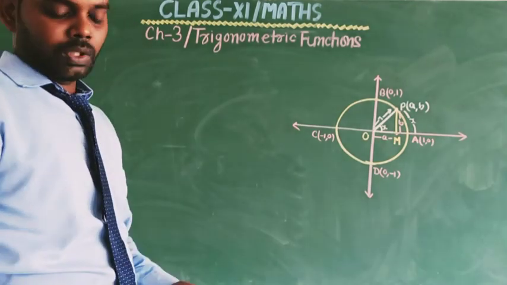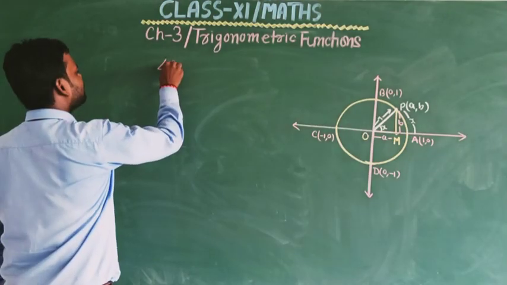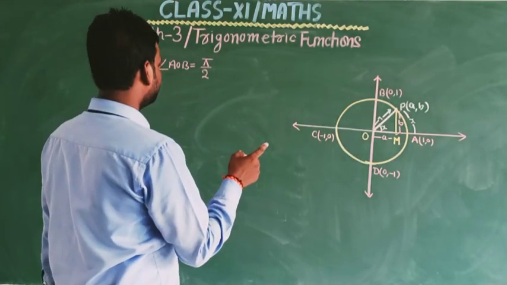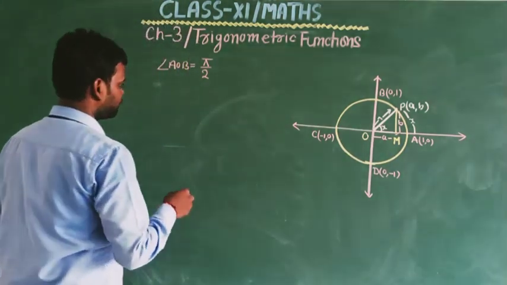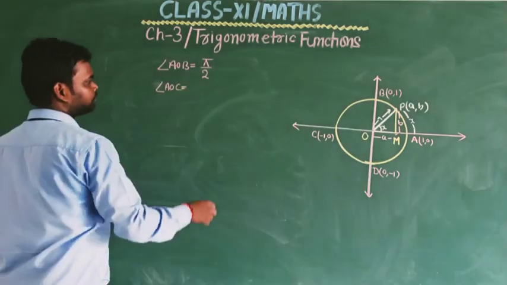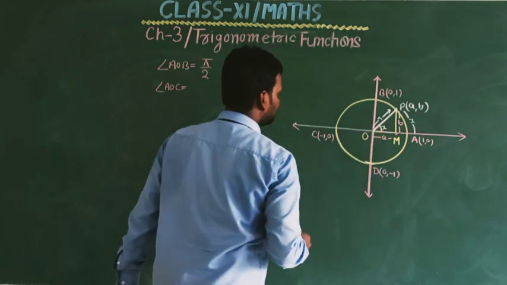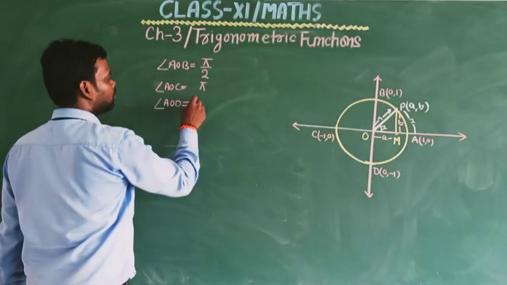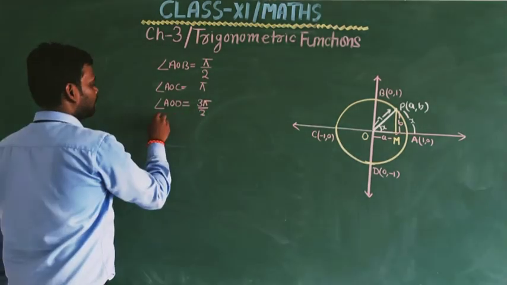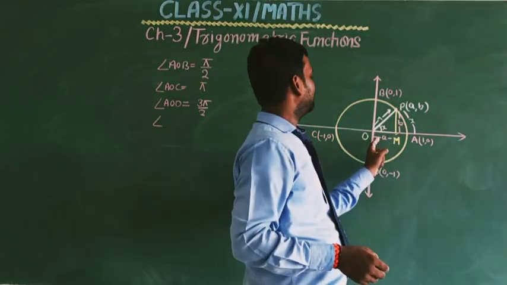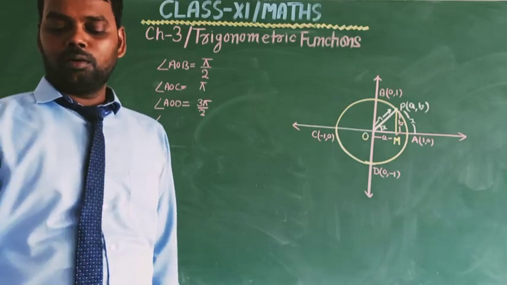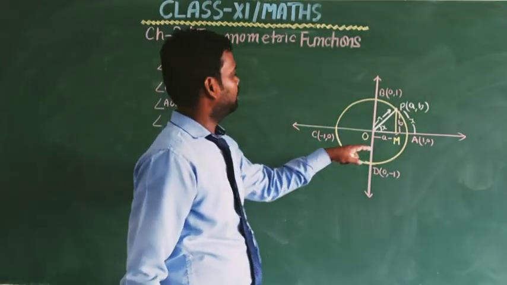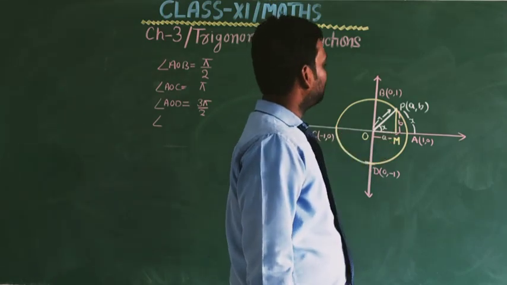Here we have angle AOB equal to pi by 2, angle AOC equal to pi, angle AOD equal to 3 pi by 2, and angle AOA equal to 2 pi.